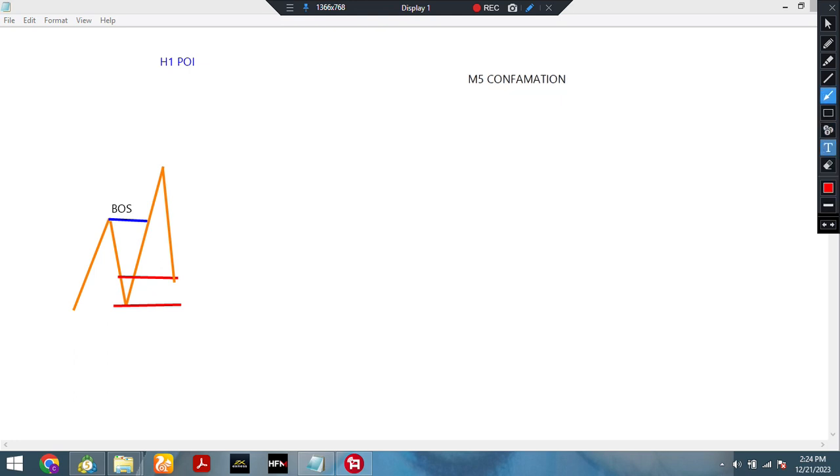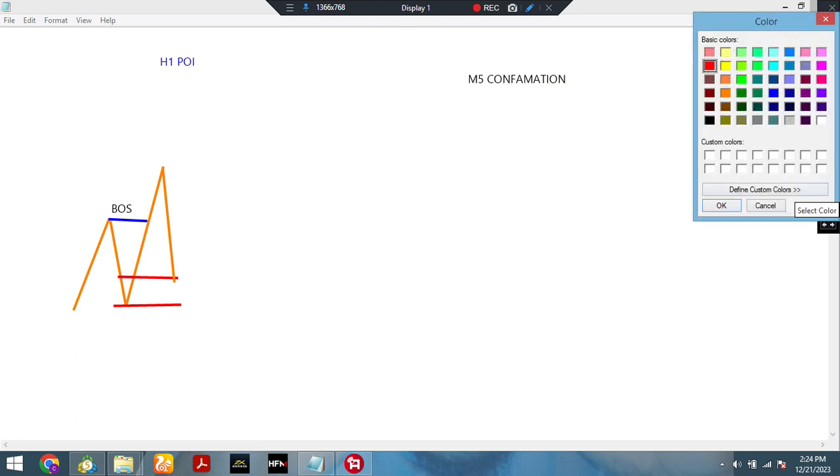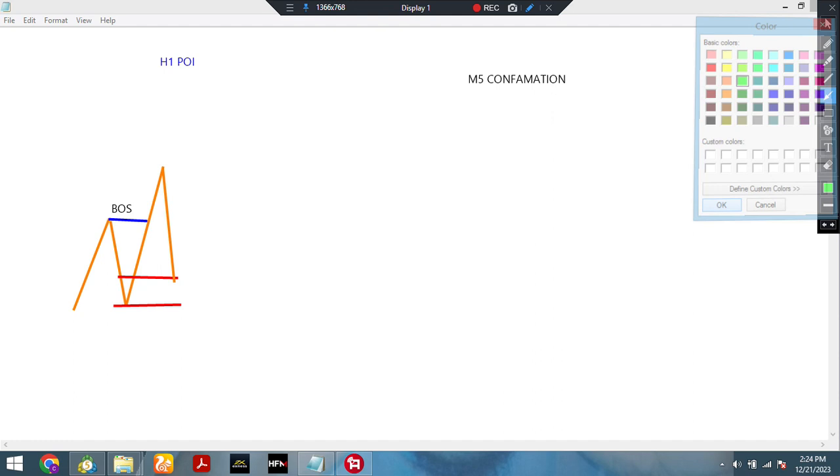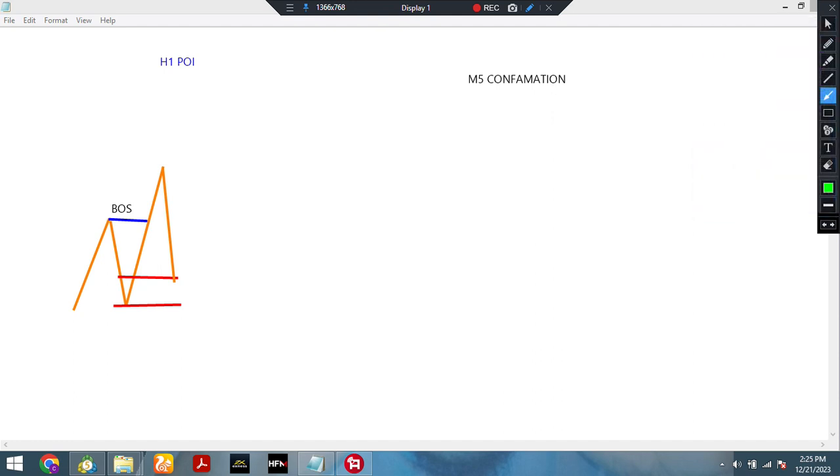Now when you go to your M5, you see price doing something like this. Despite that the H1 is here, this is what you see. You see something similar to this too on M5.